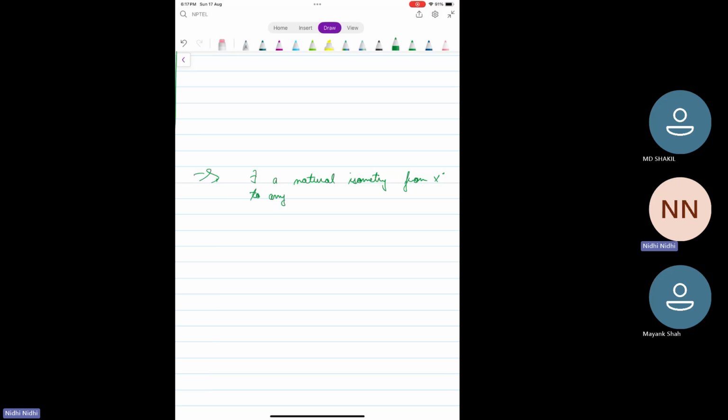Obviously, Y was any arbitrary complete metric space, provided it contains an isometric image of X. Any complete metric space that contains an isometric image of X.